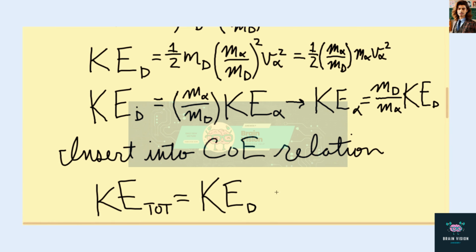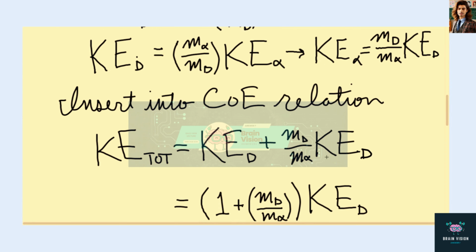plus the fraction of the kinetic energy of the daughter that we're substituting in for the kinetic energy of the alpha particle, the sum of these two equal the kinetic energy total.